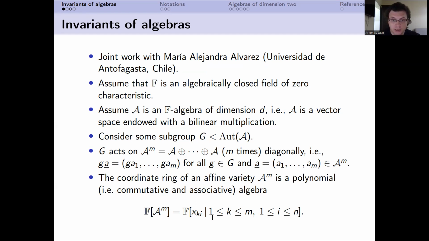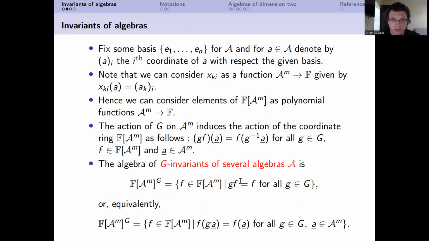Here k ranges from 1 to m, and k corresponds to the copy of the algebra which we consider, and i ranges from 1 to d. Here d is the dimension, and i corresponds to an element of a basis of the algebra.